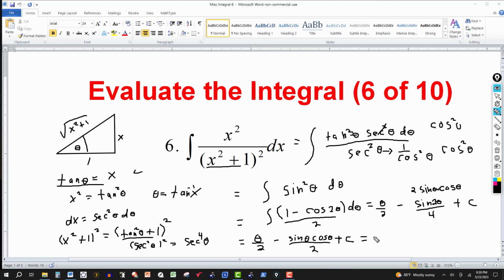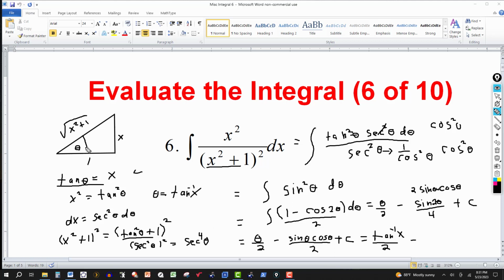So this is equal then to tangent inverse of x all over 2. That could be tangent inverse or arc tangent. And then it's minus sine theta cosine theta.